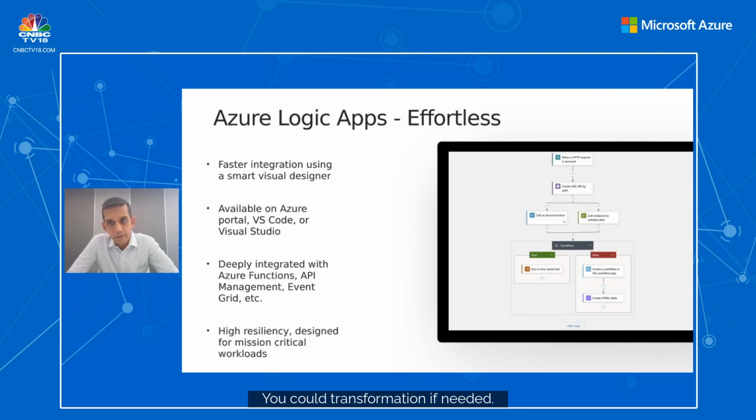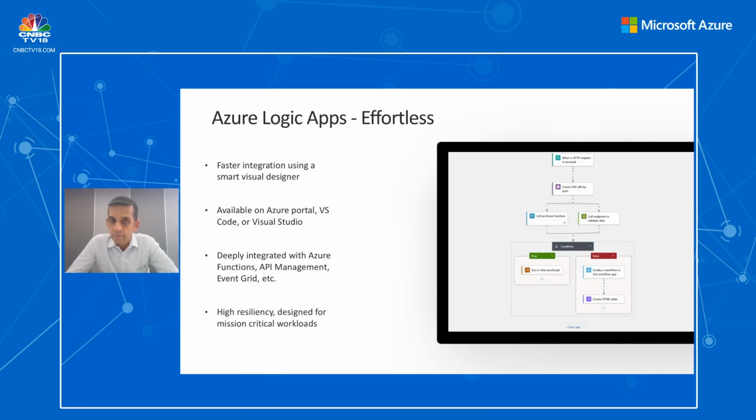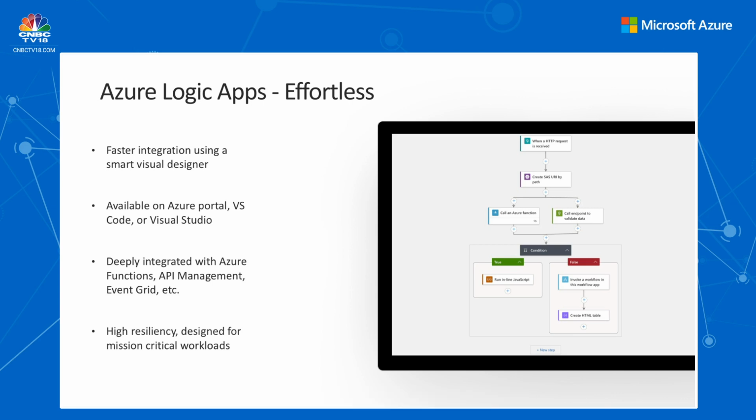You could do transformation if needed. You could invoke multiple backend systems and basically orchestrate across these different backend calls, create the response that's needed, and send it back to the caller. So it really provides an easy manner to quickly build your integration workflow.